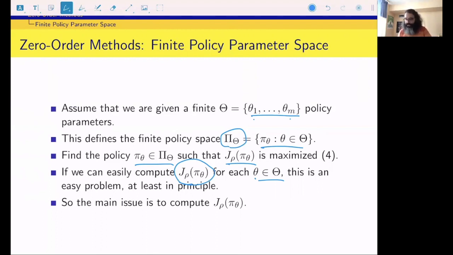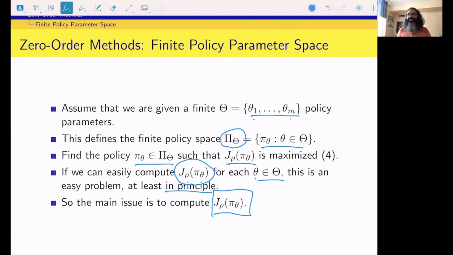The main issue is how to compute J of rho of pi theta for all those m different policies. I mention at least in principle because if m is like 10, 100, 1,000, it is easy.